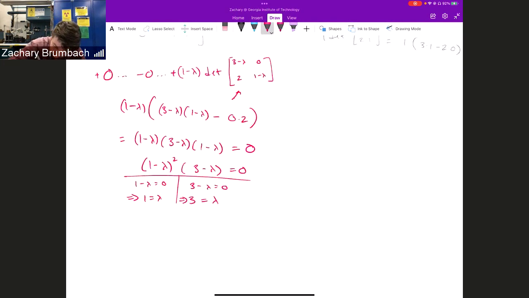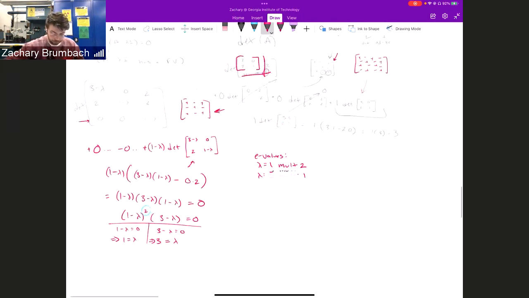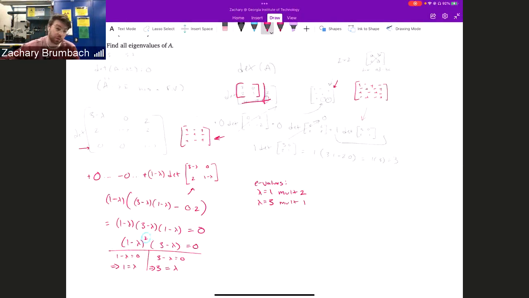So, eigenvalues: lambda equals 1, multiplicity of 2, because we have this lovely power here, okay? And lambda equals 3, okay? That's enough as is, or you can technically, if you want to get particular, say multiplicity of 1, all right? Cool. That's how we find the eigenvalues for a 3 by 3 matrix.